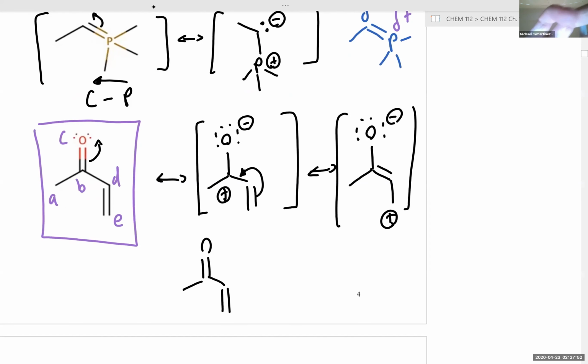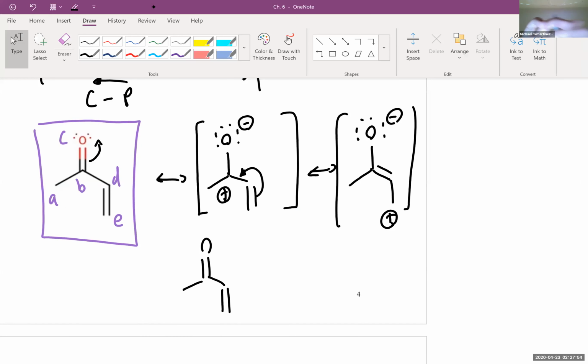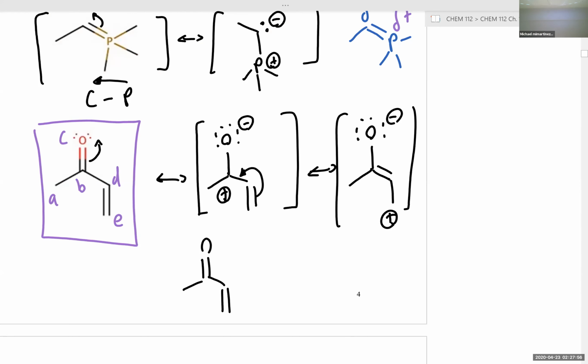Let's draw one more resonance contributor as well, where we kick this lone pair down and our double bond electrons get displaced, and we end up with the following structure. Okay, perfect. We now have all of our resonance structures in place.